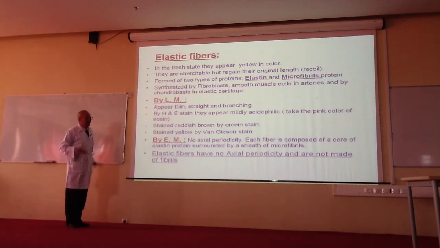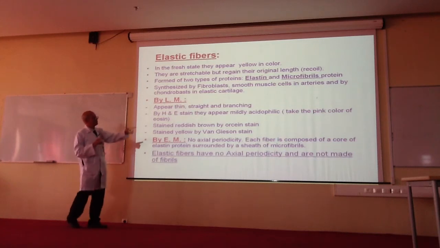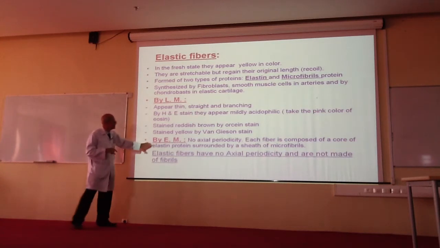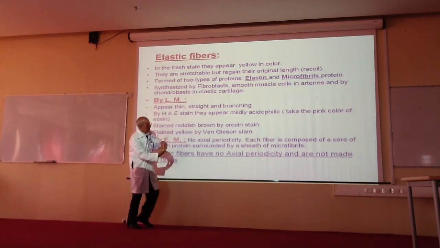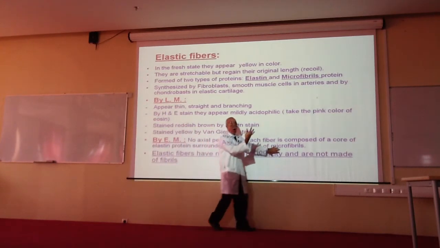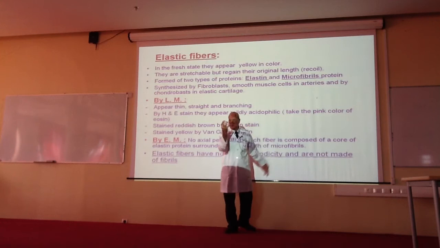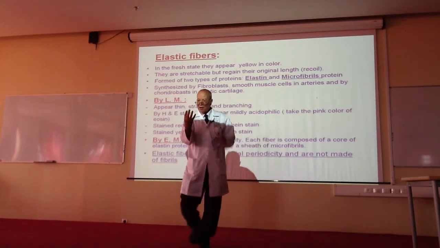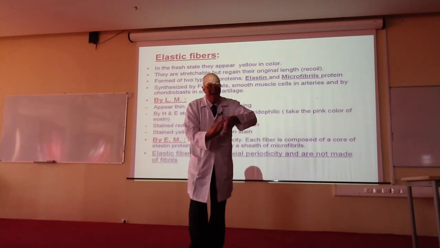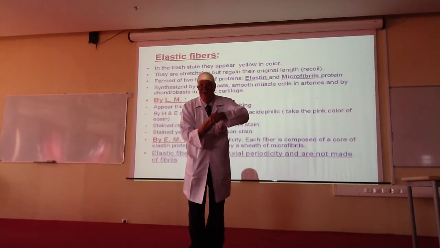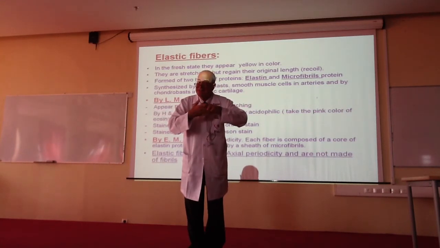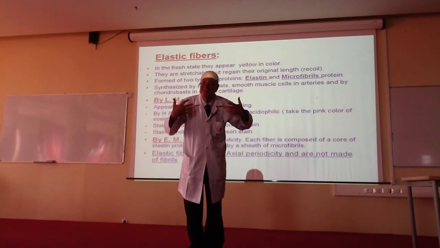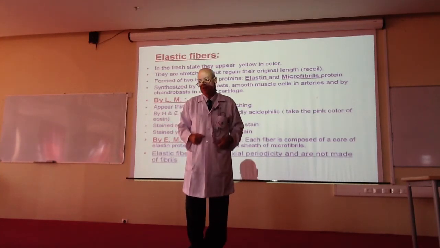The fiber is elastic. Remember, elastic. The fiber is formed of a core of elastin protein in the center, surrounded by a sheath of microfibrils. So the microfibrils will appear as a whitish color for the elastic fiber, and this gives the elastic fiber its support.